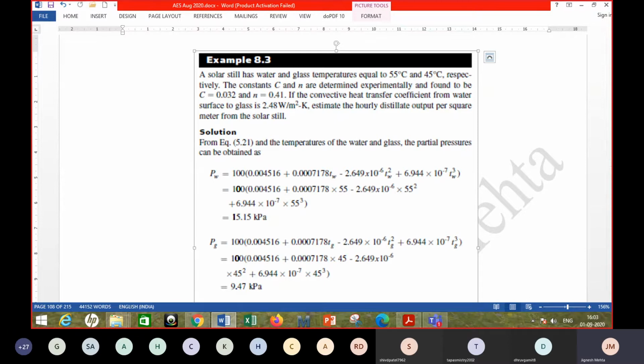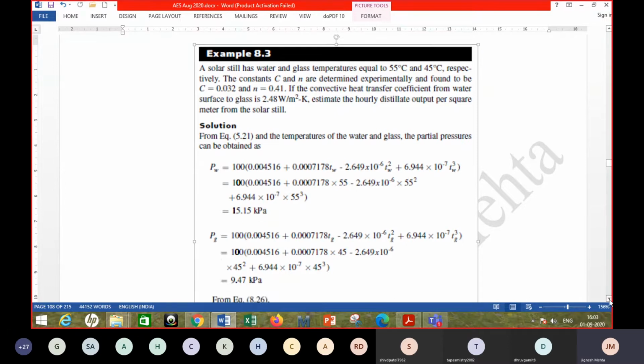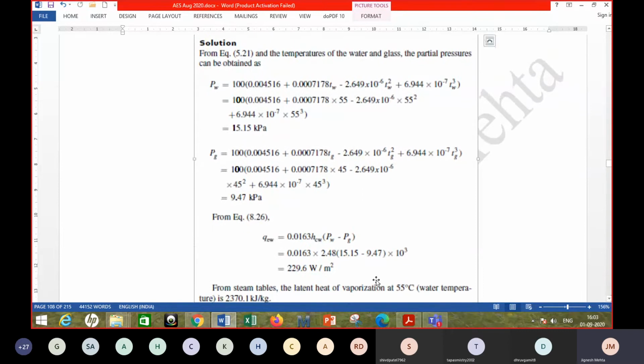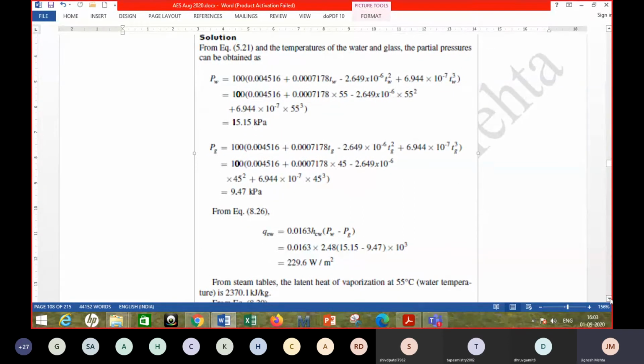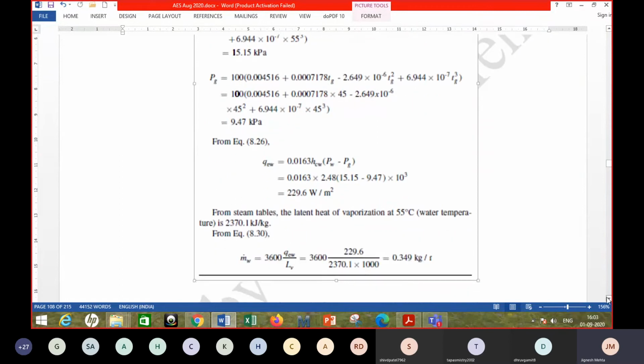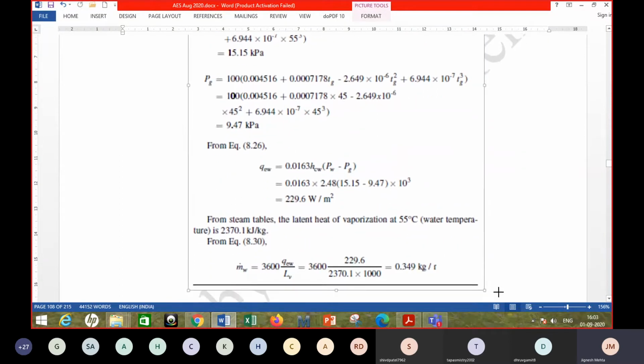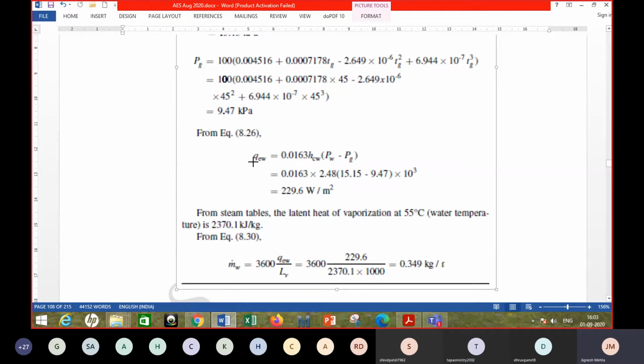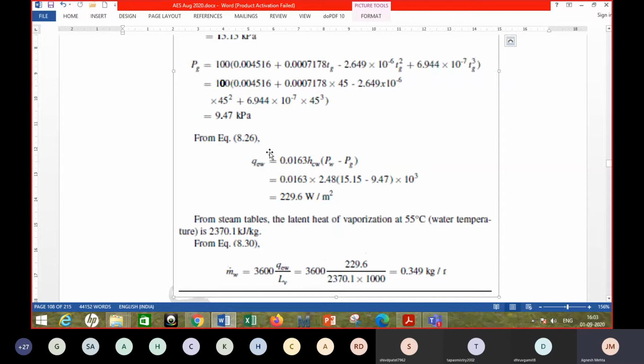Now the formula that you are going to use, again that formula has been provided. Okay, so the formula is like this, QEW, right? I'll make it a bit bigger in size so that it is more legible. So the formula that you are going to use is QEW, EW is evaporation and water.